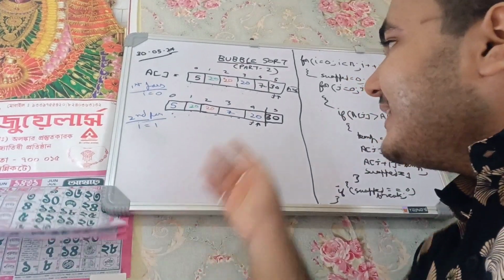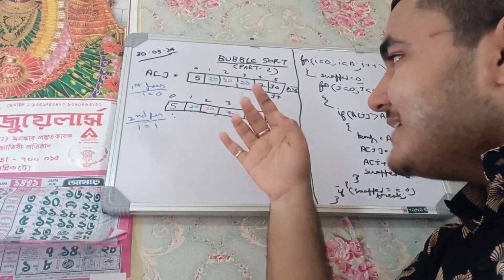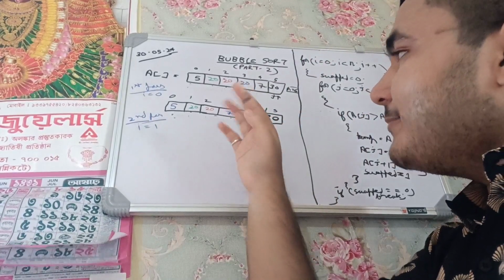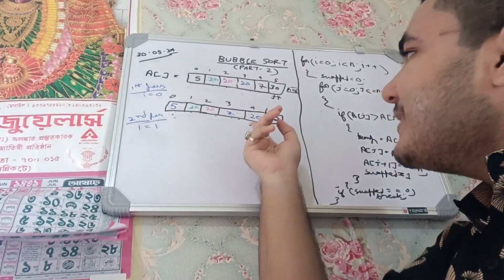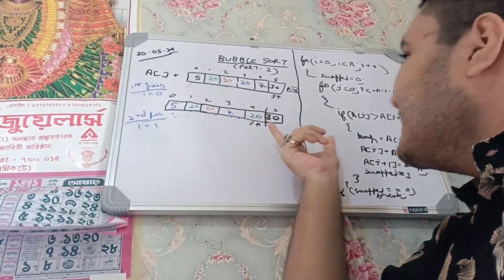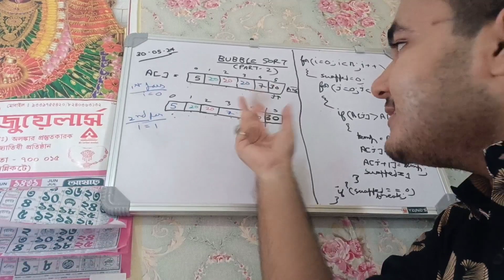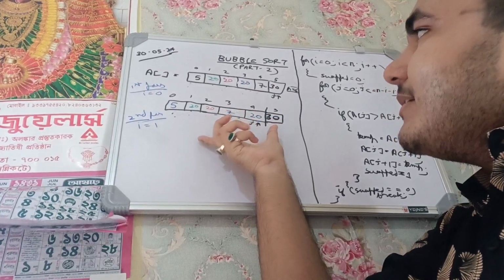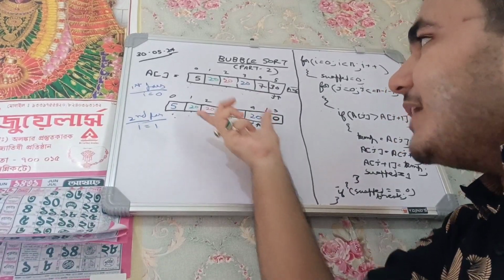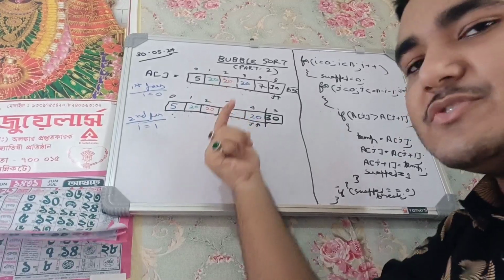So is 20 greater than 30? No, and as 20 is less than 30, they are placed correctly. Actually we don't need to compare, j has reached the end. Extremely sorry, because j has reached the end of comparison: after the first pass, in the second pass we must go up to 4.